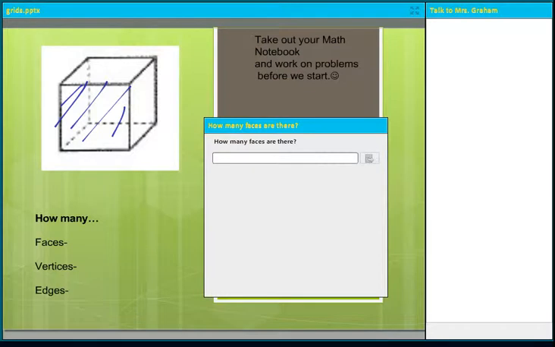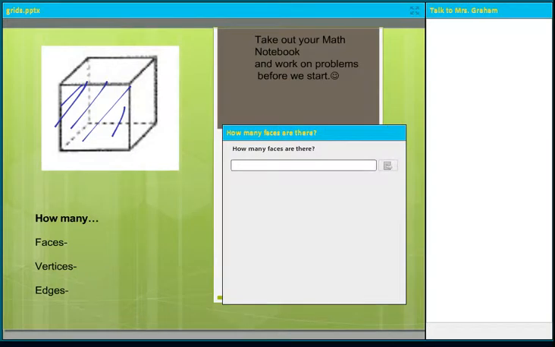Cast your vote in there. How many faces are there? So Julia, Hannah, Seamus, Chris, Mary, Neef, Jaden. Type it in for me. Okay, a few more seconds, guys. Count them up. So how many faces are there?